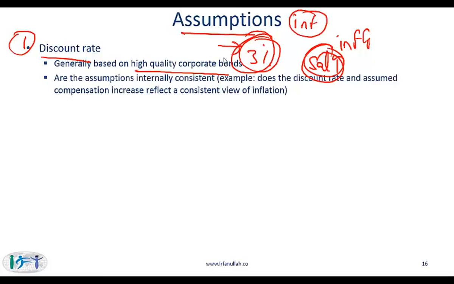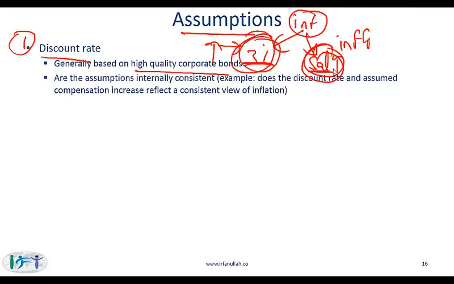Now, what you as an analyst need to verify is that the company is making a consistent assumption about inflation when coming up with these two rates. Because if a company is trying to manipulate numbers, it will have an incentive to overstate the discount rate. In other words, assume a relatively high inflation.